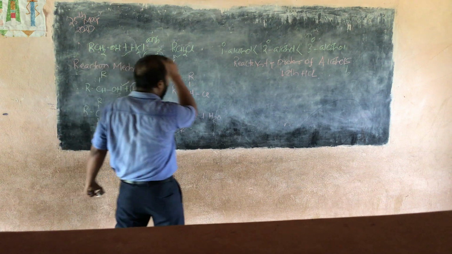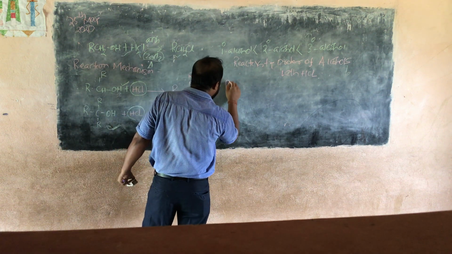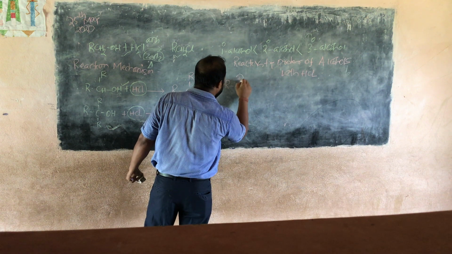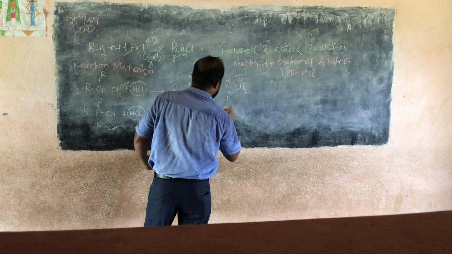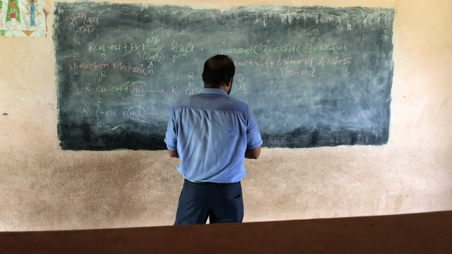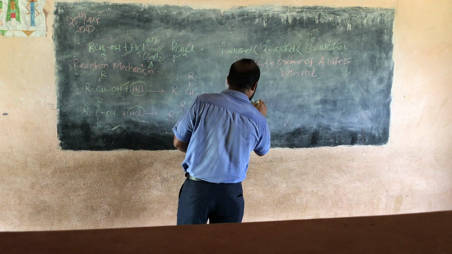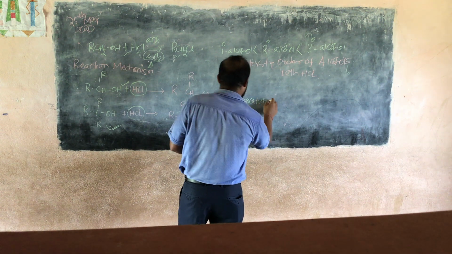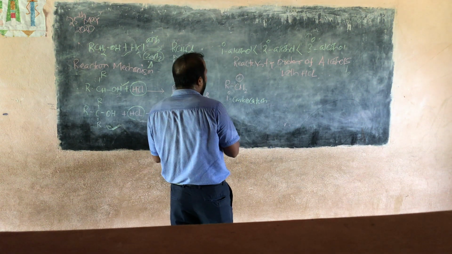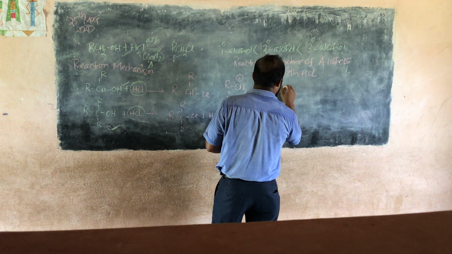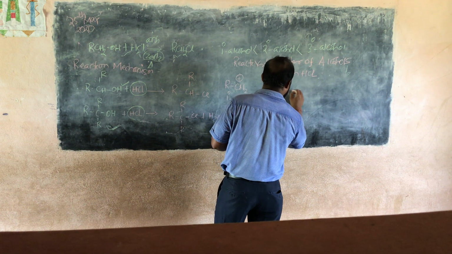So, in primary alcohol, the intermediate is RCH2 plus. This is a primary carbocation. For secondary alcohol, it will be RCHR plus.